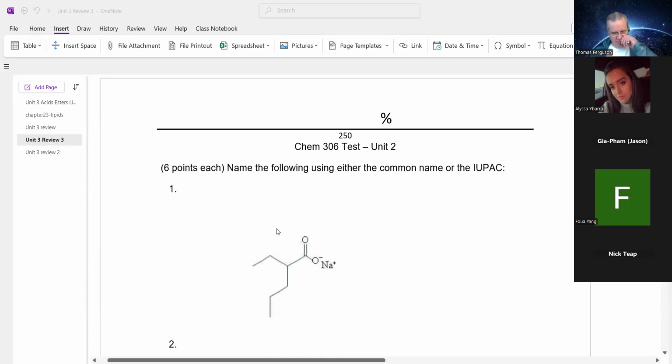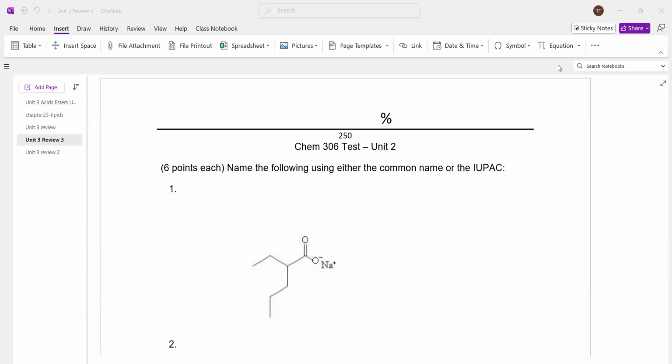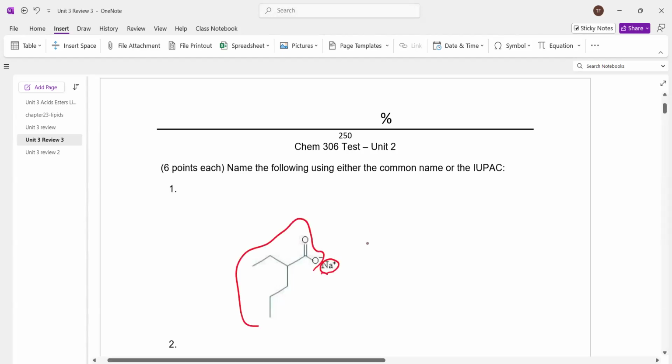Okay, so as usual, there's going to be naming and reactions along with intermolecular forces. Okay, so what do we have here? Well, we've got a salt. And this would be the acid part.